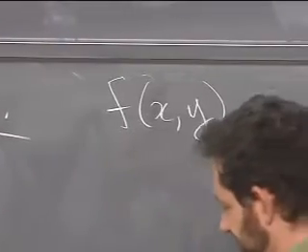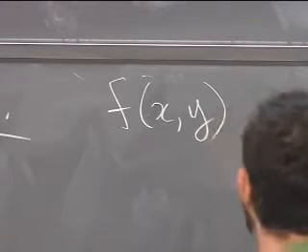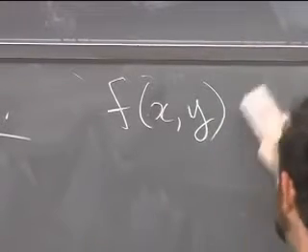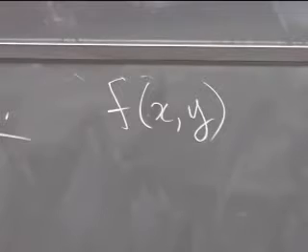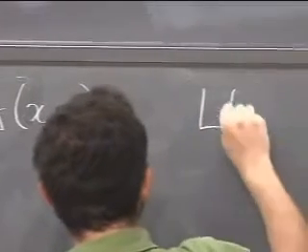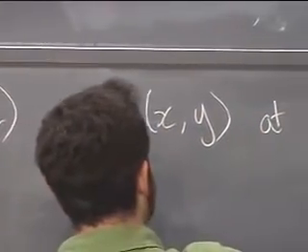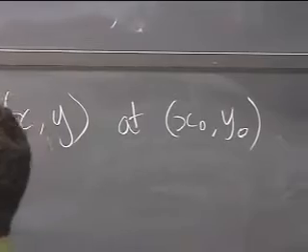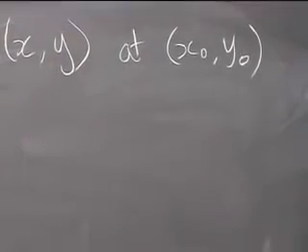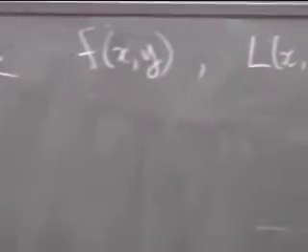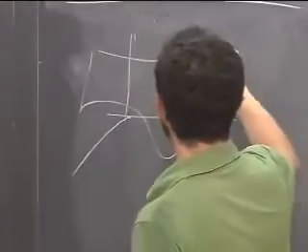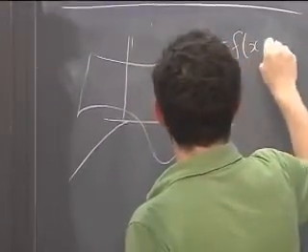We have f of x, y. I just have a function, f of x, y, and I want a linearization. I want a linear version at the point x0, y0. So the geometric interpretation is that I have this function, which I could draw as z equals f of x, y as a surface.